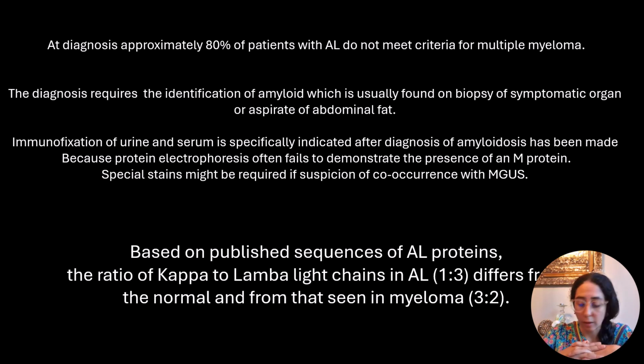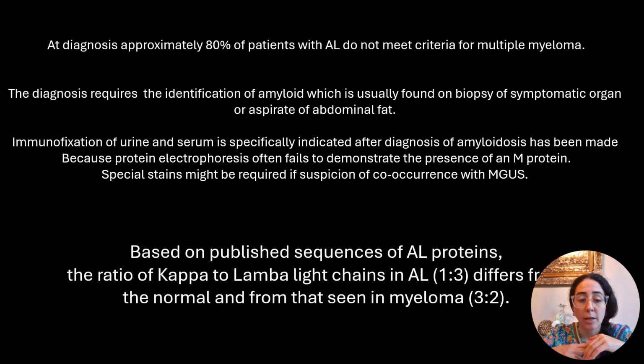Another important thing that I found was that immunofixation of urine and serum is specifically indicated after diagnosis of amyloidosis has been made, because protein electrophoresis often fails to demonstrate the presence of an M protein. This is very important because in the hospital we do protein electrophoresis often. It is a very common test, but we might miss the diagnosis if we don't do immunofixation of urine and serum as well.